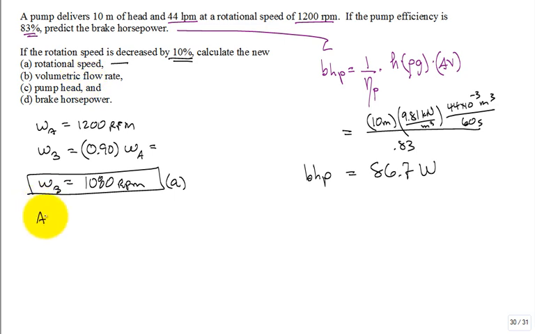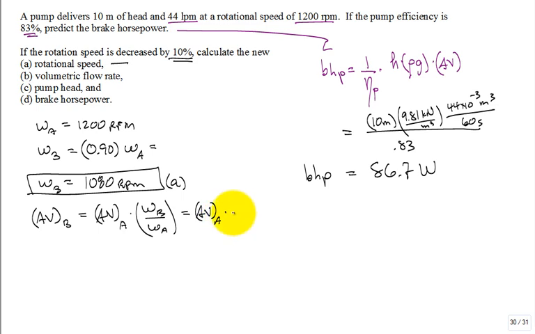Okay. What is the new volumetric flow rate? Well, the volumetric flow rate of the new case is equal to the volumetric flow rate of the old case, and the relationship is they're linearly proportional to the rotational speed, so omega B divided by omega A. So this is the volumetric flow rate of the original case times 0.9.